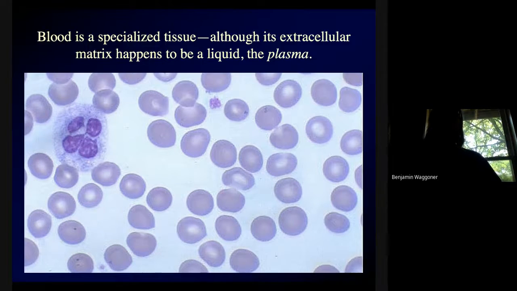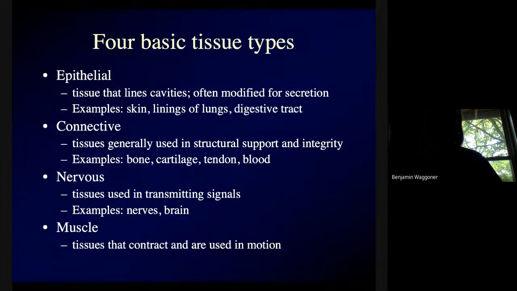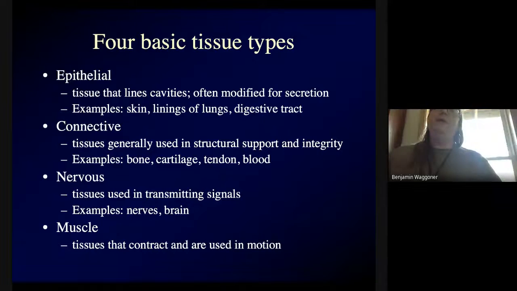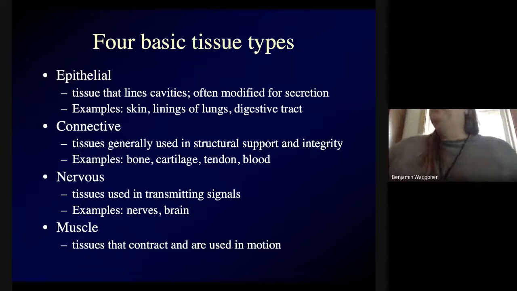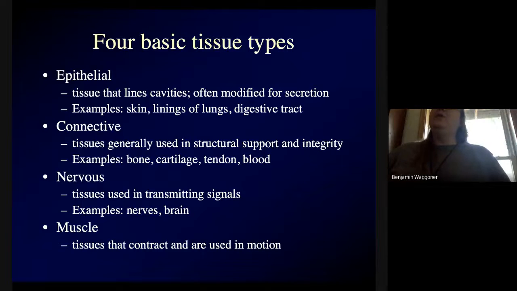There's four basic tissue types, and you do need to know these. Tissue that lines cavities or lines things that are open to the outside is called epithelial tissue. Your skin is epithelial tissue. The lining of your lungs and your trachea is epithelial tissue.